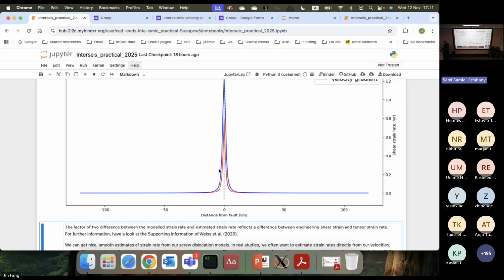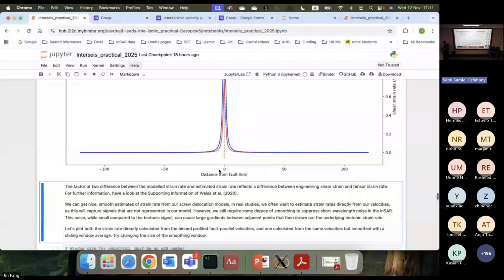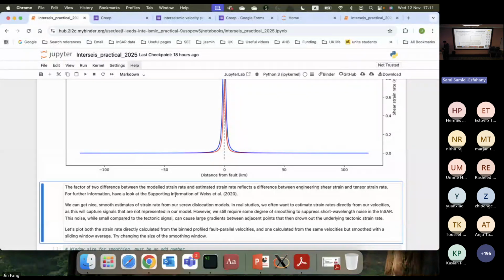That is because of the difference between engineering strain and tensor strain. If you'd like to know more details about this, you can take a look at Jonathan's paper.